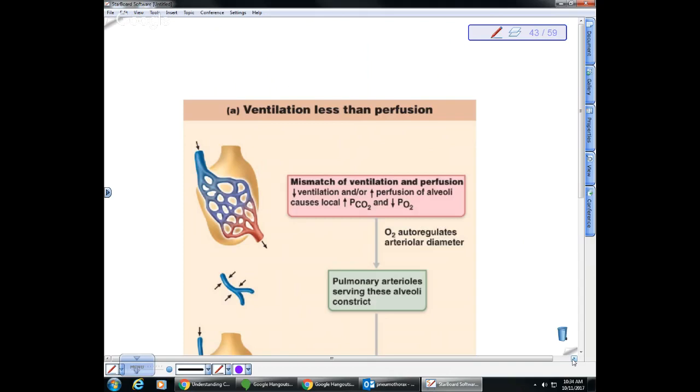And so what will happen is those alveoli will constrict, and the arterioles serving those alveoli will constrict, and blood will be shunted elsewhere. Okay. So if you get a decrease in the V/Q value, that means that we have not enough ventilation.